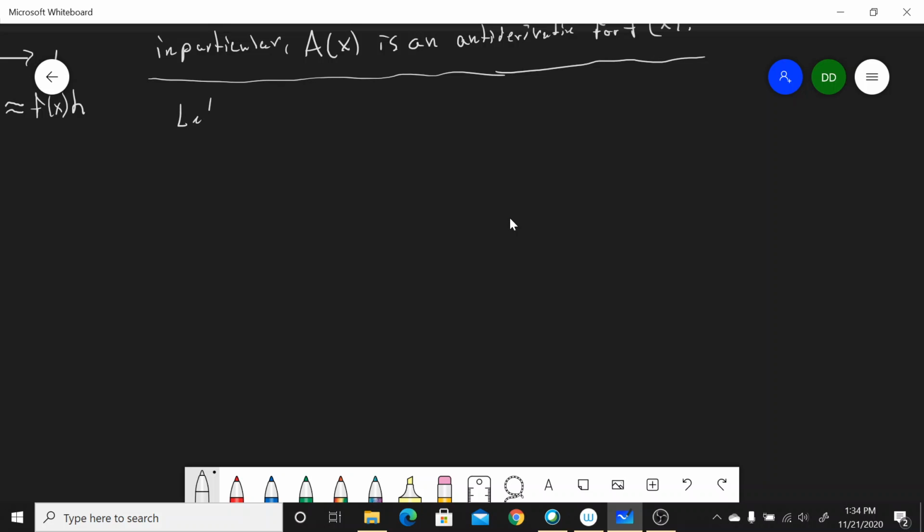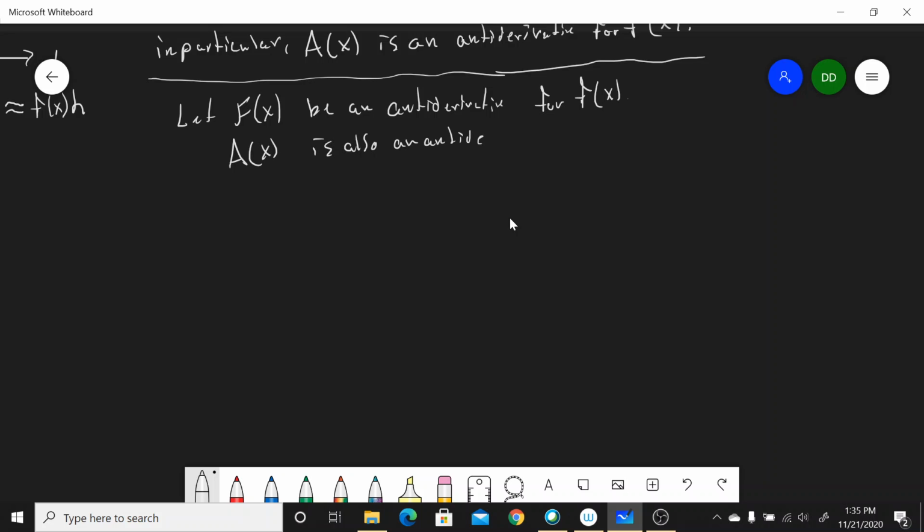So let big F of x be an antiderivative for f of x. And we know A of x is also an antiderivative for f of x.